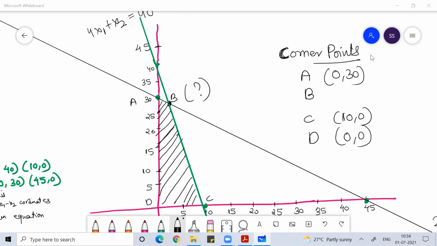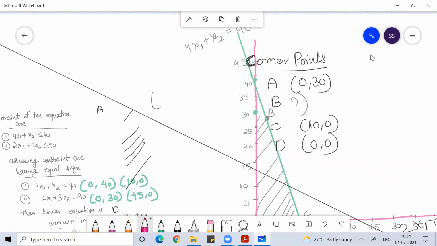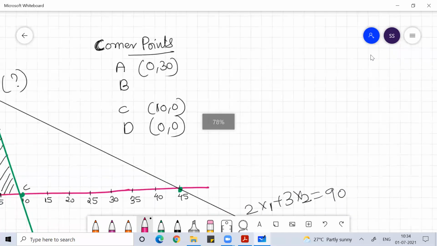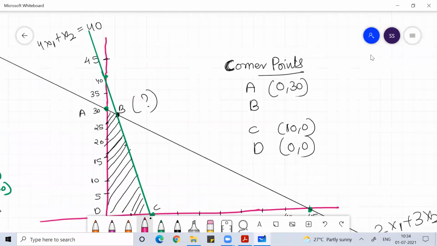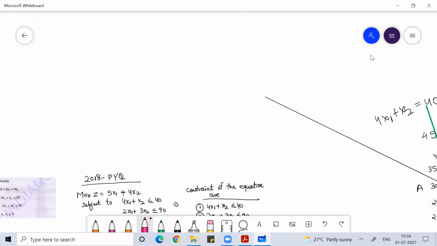I may be wrong also, but I don't think your answer will be given by point A, or point C or D. The answer, I think, will be given by point B only. So point B is the point where the first two lines meet.